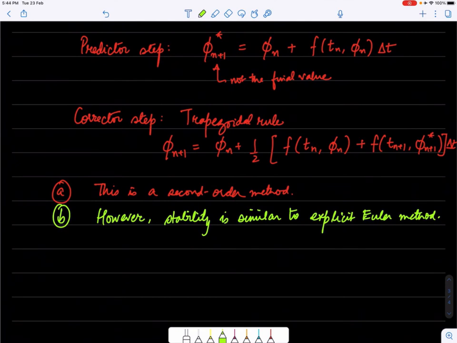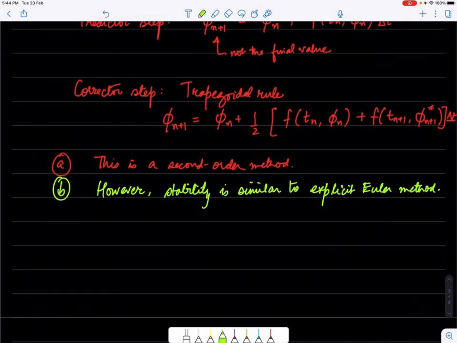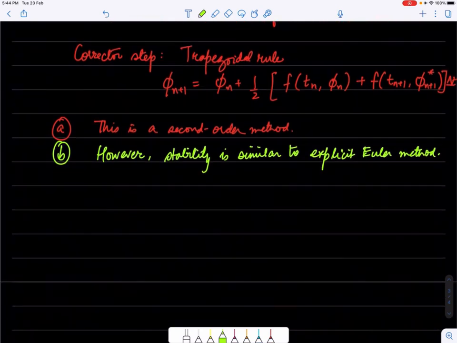Now if you want to get higher order approximation for our solution, we will need to have information at more than 2 points. So far we have looked at information at Tn plus 1 and Tn. Now there are other classes of methods where we can use more data points.